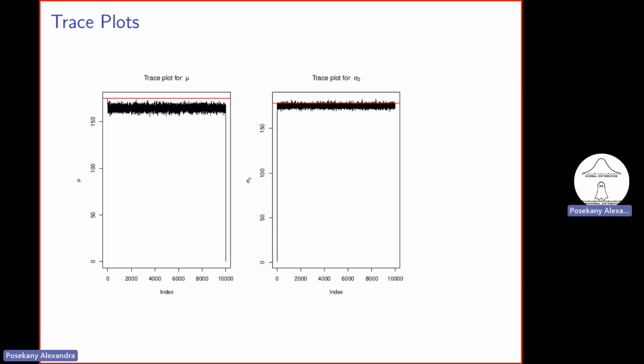It's immediately going to the right value, and here only for the first one we see it has to go up, and then it's more or less behaving stationary. So this is an algorithm which almost immediately blends with the correct posterior without having to remove any burn-in at all.